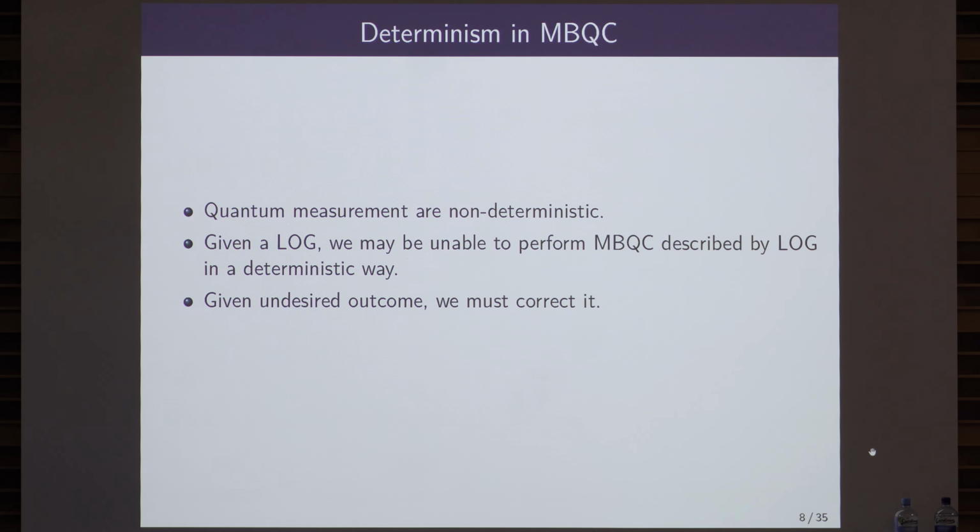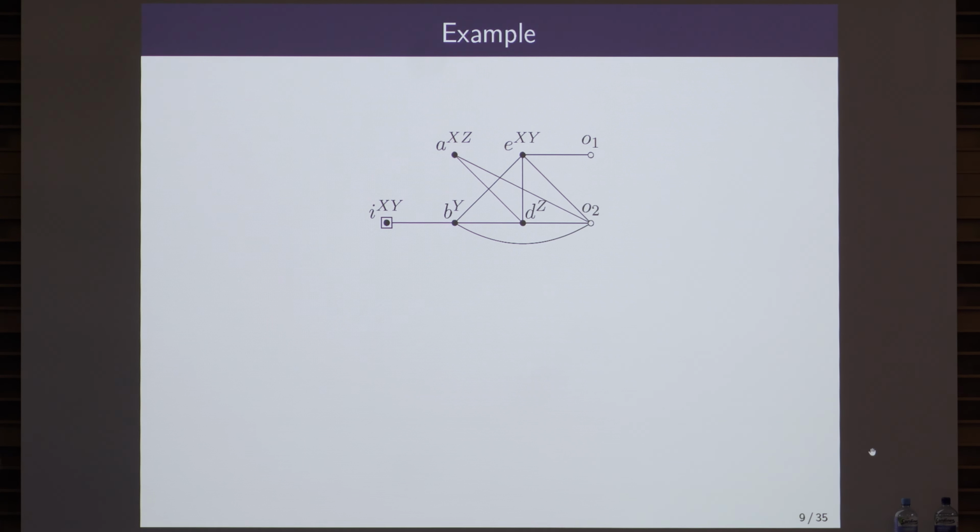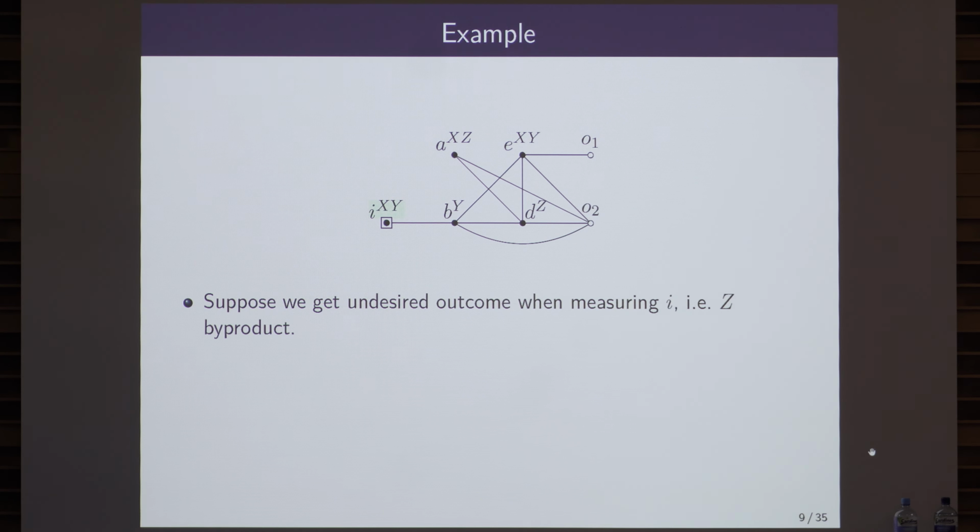And what I mean by that, well, I think it's easiest if we look at an example. So we are back to this labeled open graph. We will use this labeled open graph as an example throughout the talk. Suppose that we get an undesired outcome when measuring qubit I. So in terms of exact states, it means that the effect that we wanted to observe would be ket plus in plane XY at some angle, but we will get ket minus.